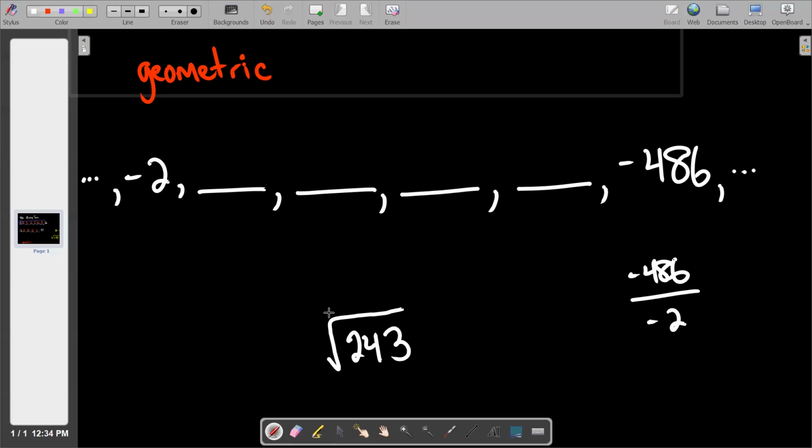So what you're going to do is type into your calculator the 5th root of 243. If you don't know how to type that in, let me grab a copycat of one of yours so I can tell you where the button is.